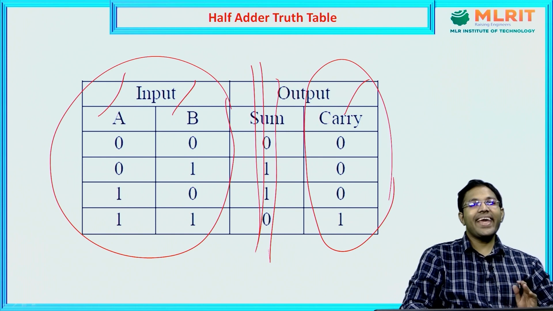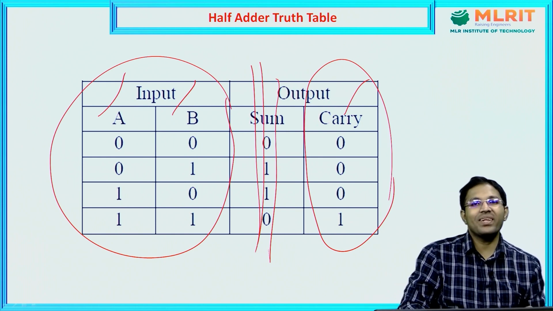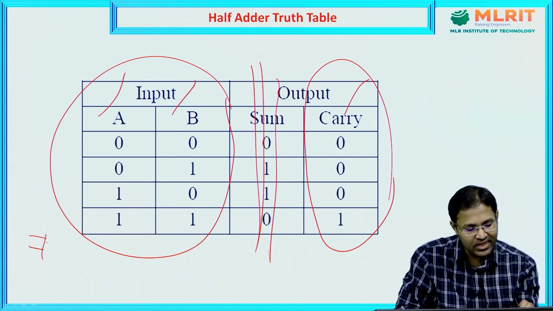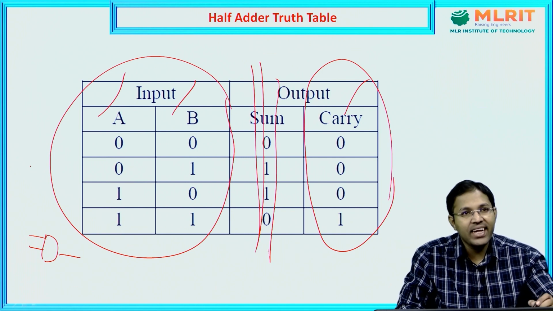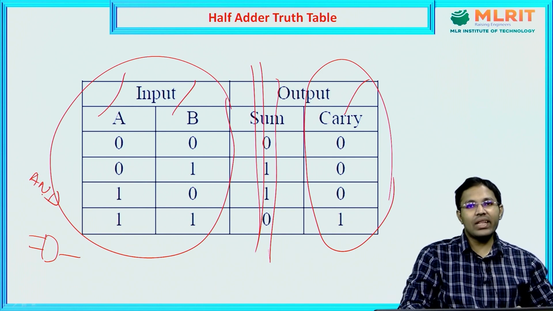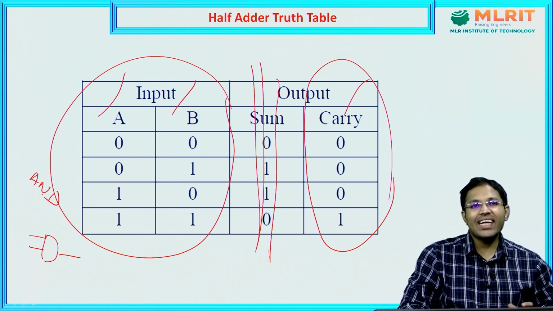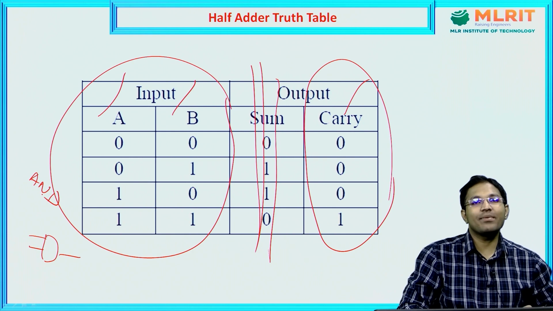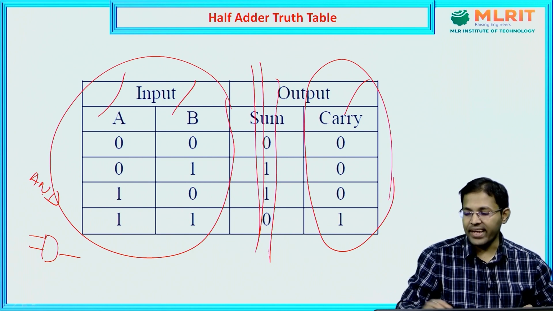Now the A, B and carry, these three columns, they represent the truth table of AND gate. So from this we can conclude that sum is nothing but XOR operation of A and B. Carry is nothing but AND operation of A and B.